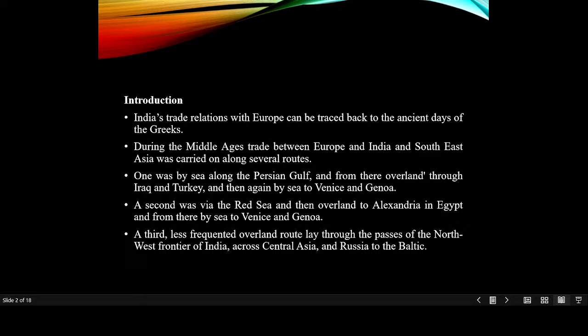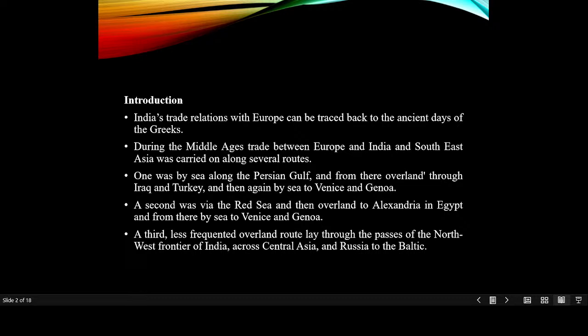The third route through which the Italians conducted trade with Indians was less frequently used. The overland route lay through the passes of the northwest frontier of India, across Central Asia and Russia to the Baltic. This route passed through the passes of India, the Khyber and the Bolan Pass.